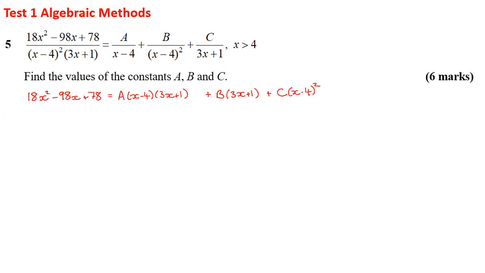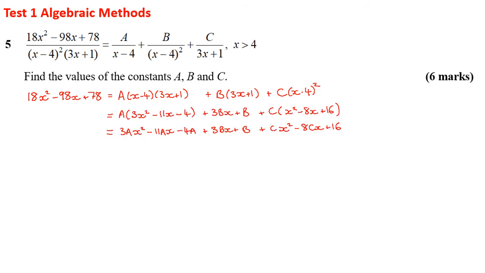We start with our first line where we've got the numerator on the left hand side equal to the numerator of the fraction on the right hand side. Now multiply everything out and collect the terms in x squared, x and the constant. Expand the brackets and then multiply out by a across through a, b and c.